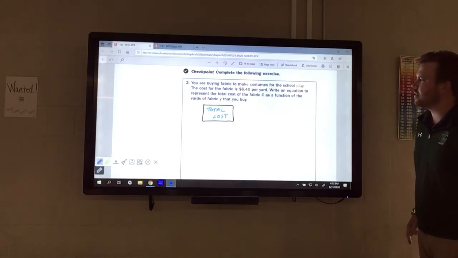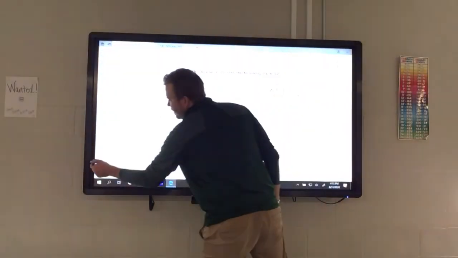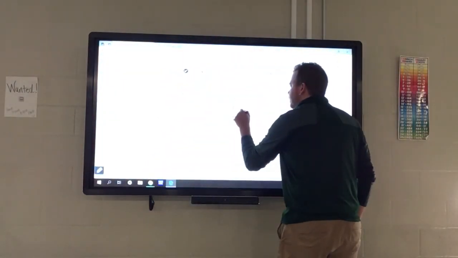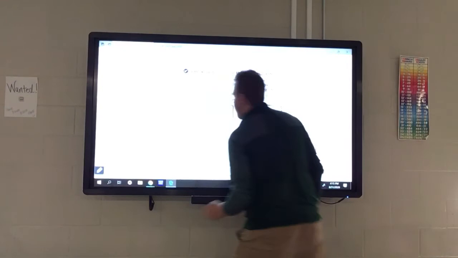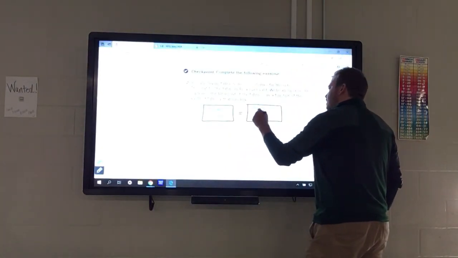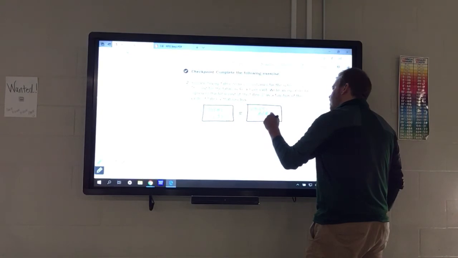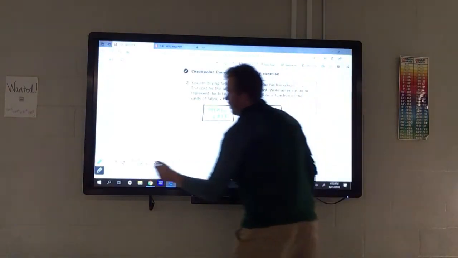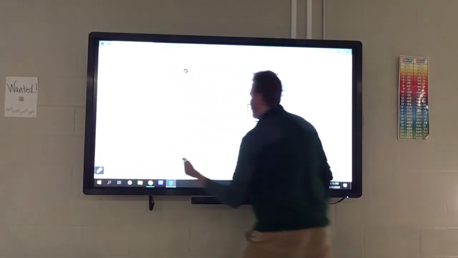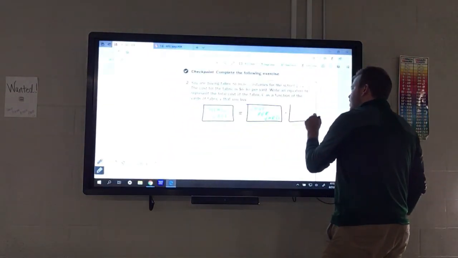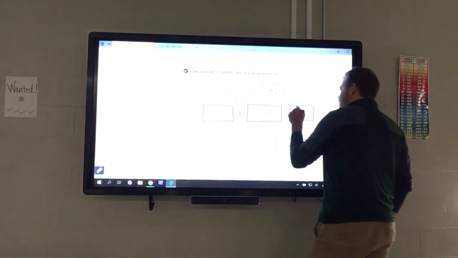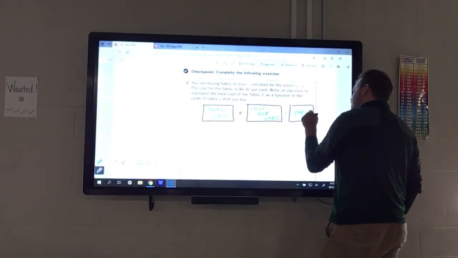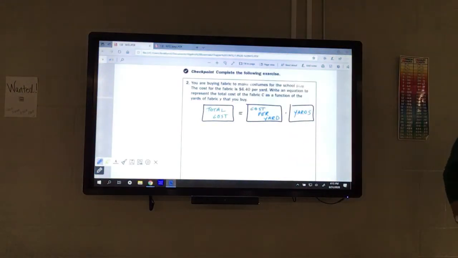So the total cost of the fabric will be C. Alright, so our total cost in this case is equal to the cost per yard times the amount of yards. So our total cost is equal to the cost per yard times however many yards we buy.